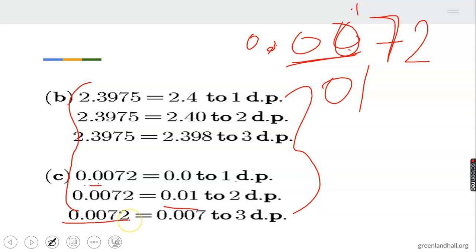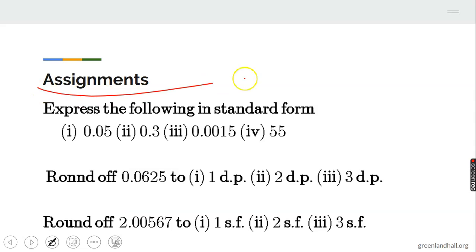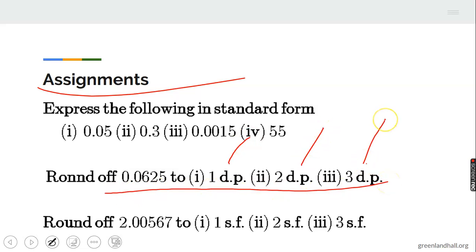This one also, to 3 decimal places, you look at the first 3 numbers after the point. The first 3 numbers after will be 0.070. That is that. Assignment for you. Express the following in standard form. You have to round off this one to 1 decimal place, 2 decimal places, and 3 decimal places.